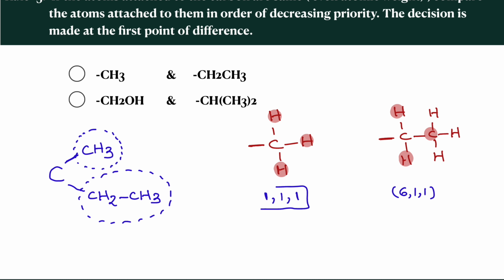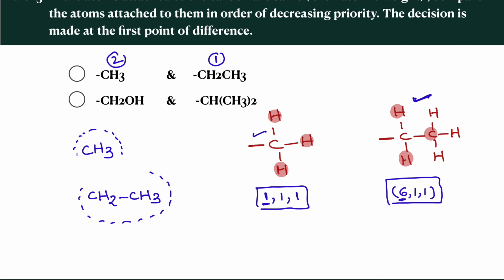Here we have 1 1 1, here we have 6 1 1, therefore this will receive more priority when compared to this. The ethyl group receives first priority, the methyl group receives second priority.